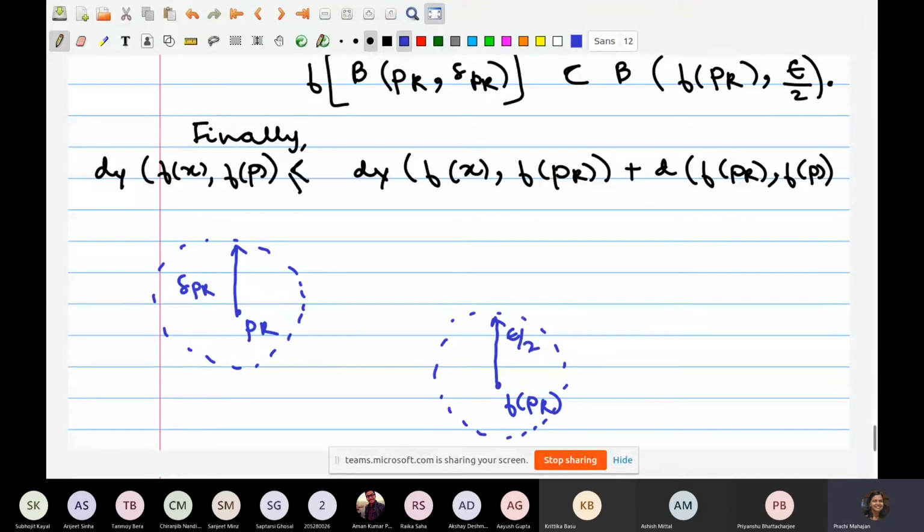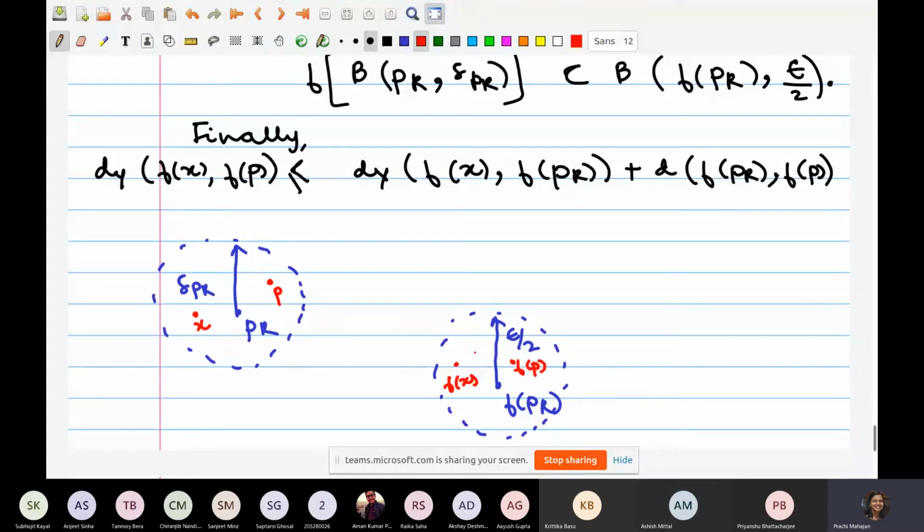We just showed that X and P are both points in here. X is somewhere here, P is somewhere here. And then we use the continuity of F to show that F of X and F of P will be within epsilon by 2.